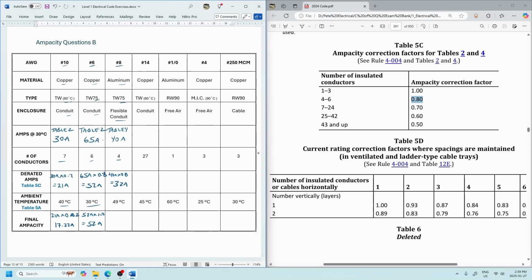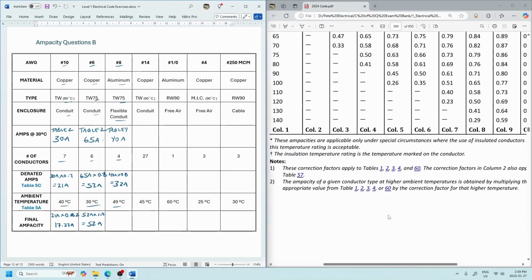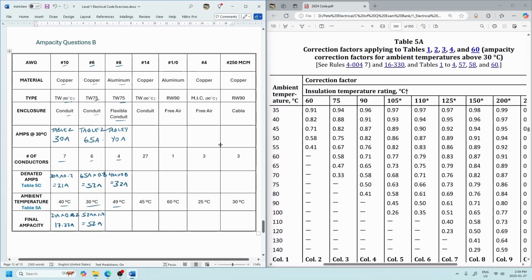Beauty. Okay, now we got to go to table 5A because we've got 49 degrees Celsius there. So let's go to 5A. And we're in the 75-degree column there. Ambient temperature is 49, so that's going to have to be in the 50-degree column, right? Because we're above 45 there. So that's a multiplier of 0.75.